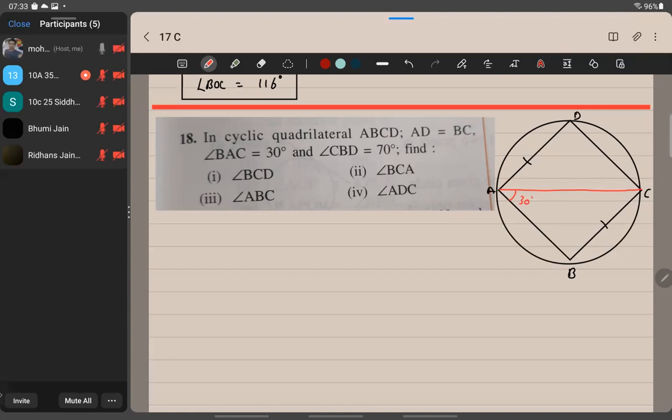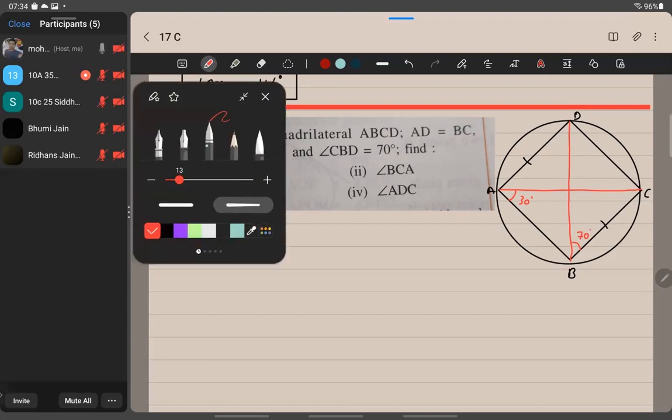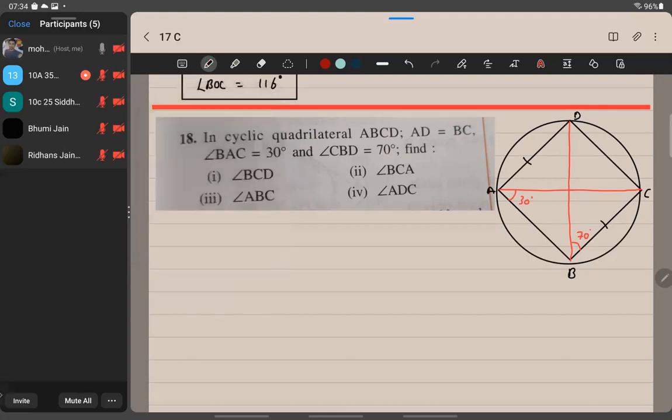Angle CBD, this one, is 70 degree. Okay, find BCD. BCD, we have to find this.